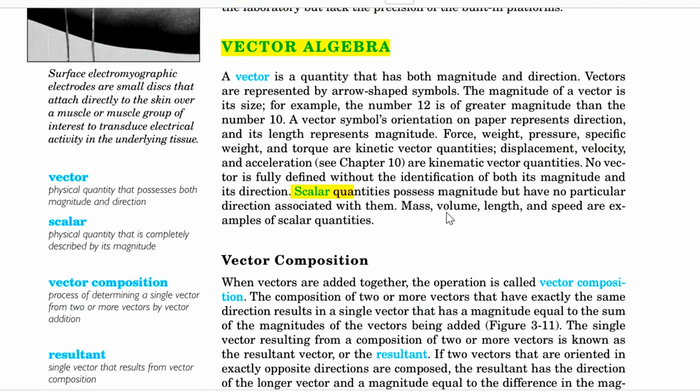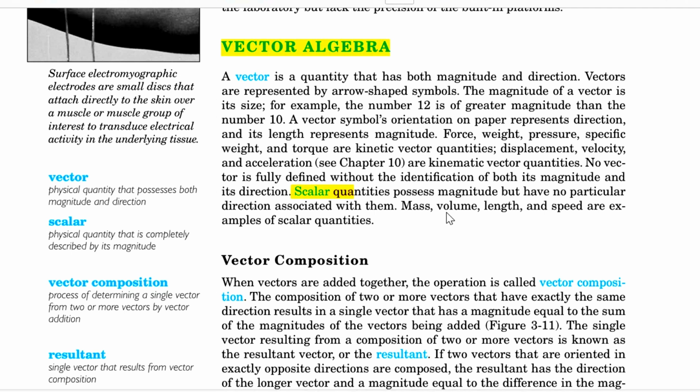For example, as I told you, 10 newton force: if we didn't know the direction, or where the force is applied, what would the concept of force be? You need a direction to apply a force to some area or object, so the force applied to some object also requires a direction.